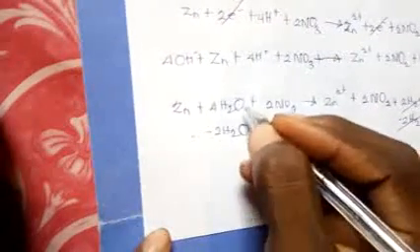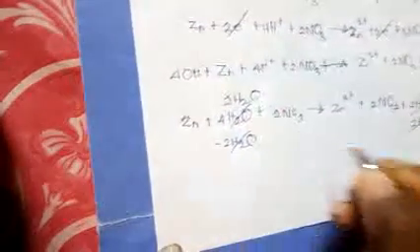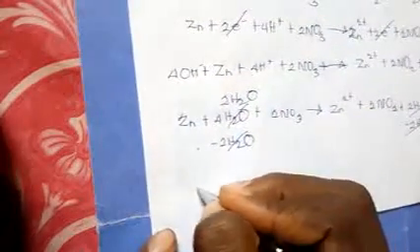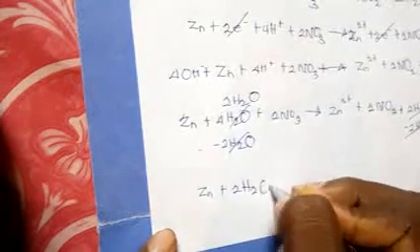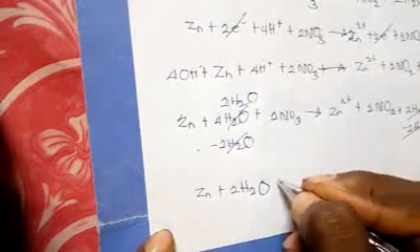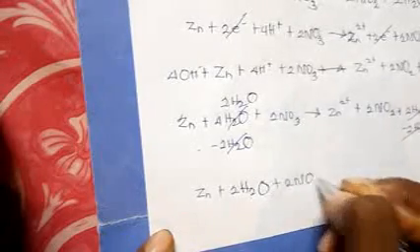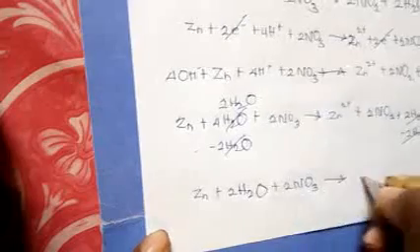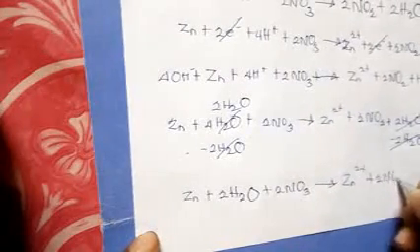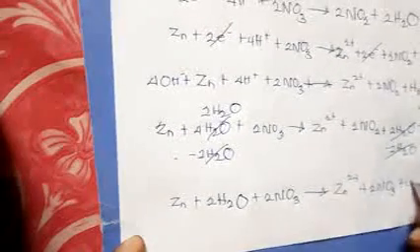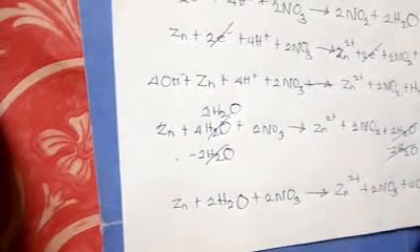And on this side you have 2H2O. So now the balanced equation is Zn plus 2H2O plus 2NO3 to yield Zn2 plus 2NO2 plus 4OH minus.